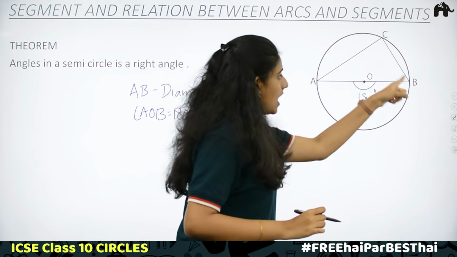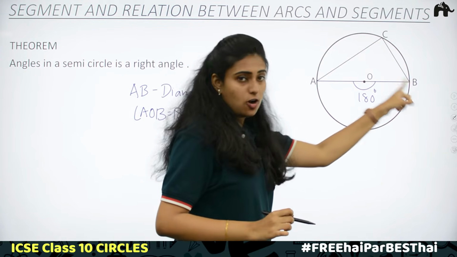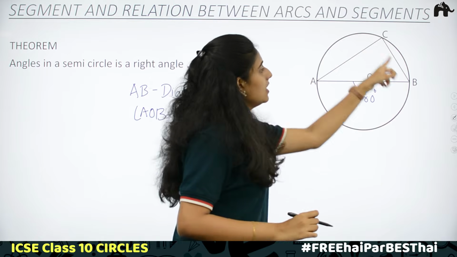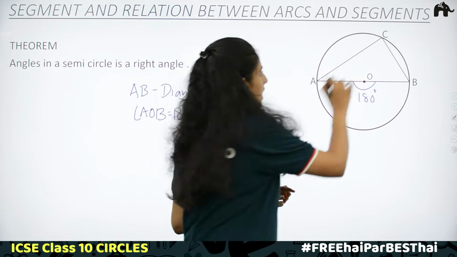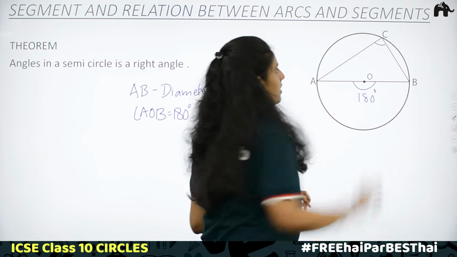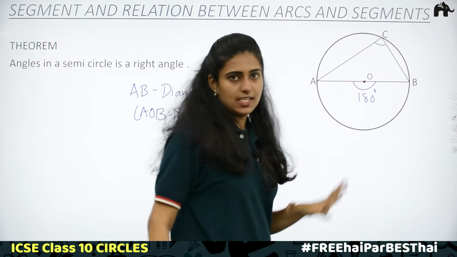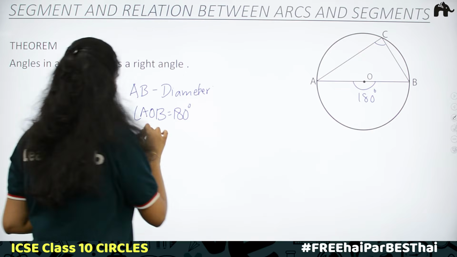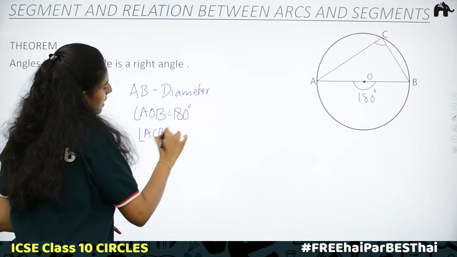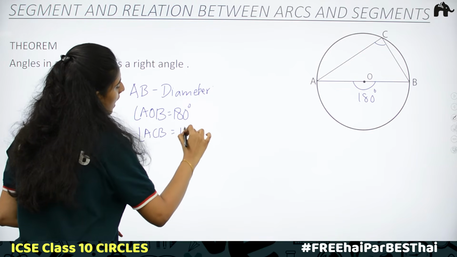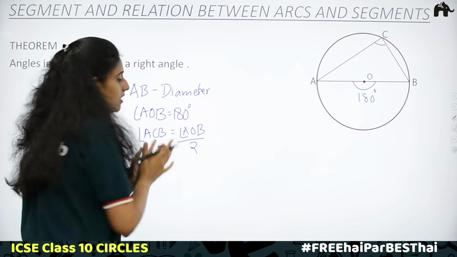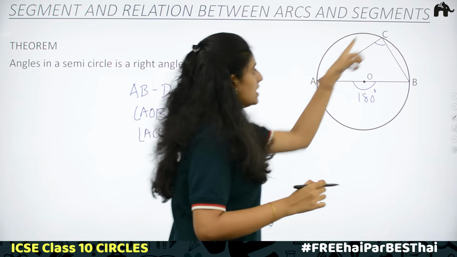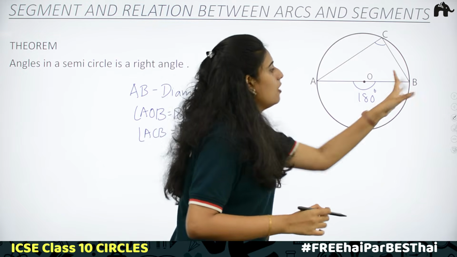ACB is an angle subtended by the same chord AB on the circumference of the circle. We have to find the measure of this ACB. ACB will be equal to AOB divided by 2 according to the first theorem that we have discussed. Yes, ACB will be equal to half of AOB.